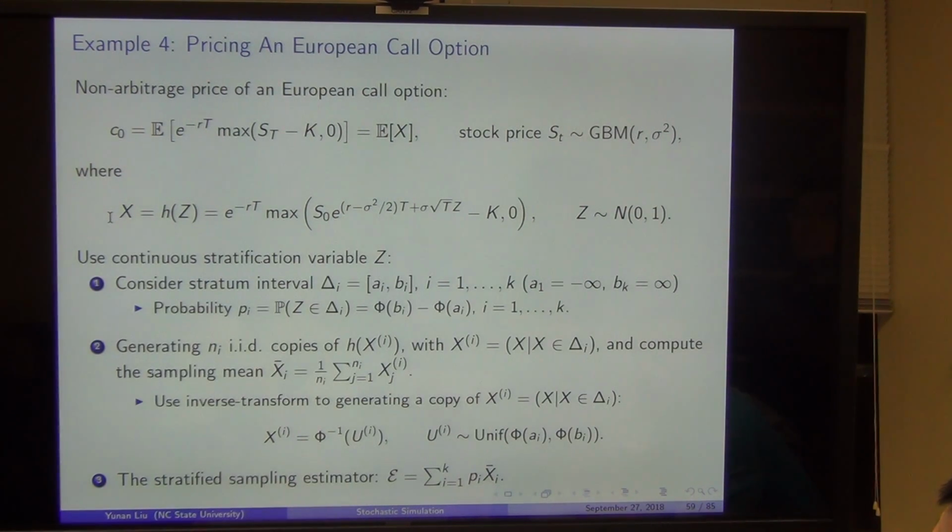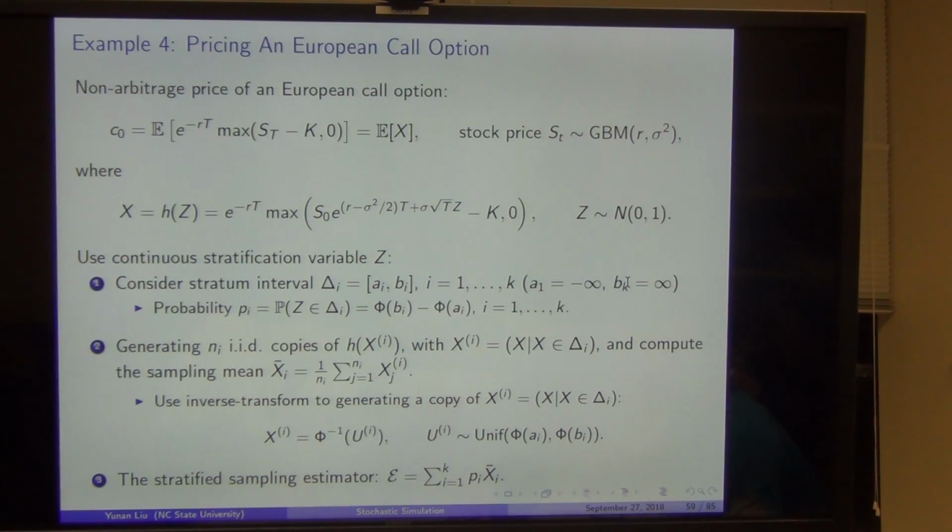Using continuous stratification, we stratify on Z, and Z is continuous. What do we do? We cut the entire real line into a finite number of intervals. We consider k intervals. For instance, A1, the left endpoint, is minus infinity, and Bk, the right endpoint of the last interval, is plus infinity. It's okay to have intervals of infinite length.